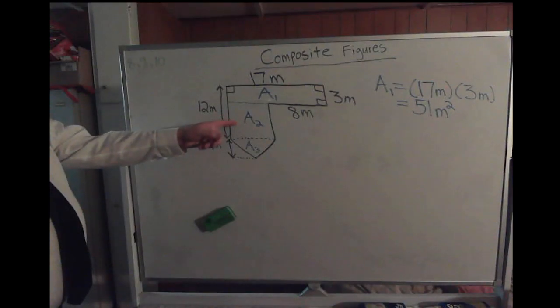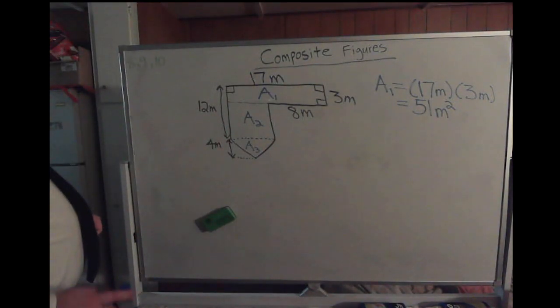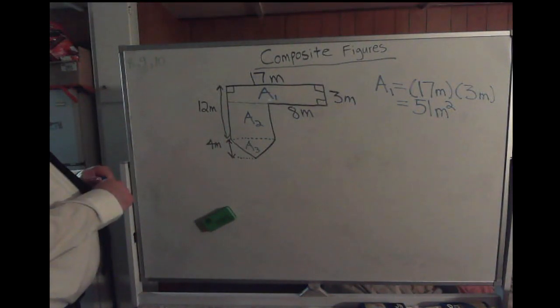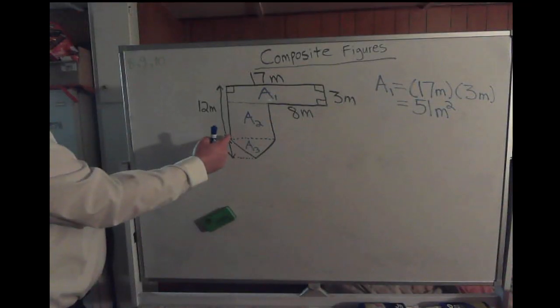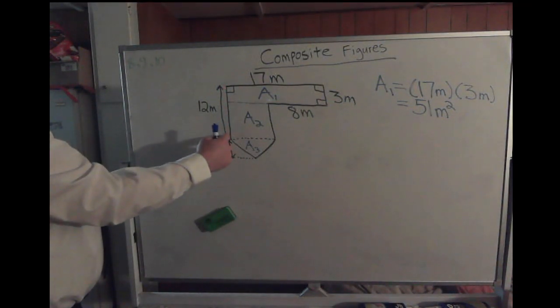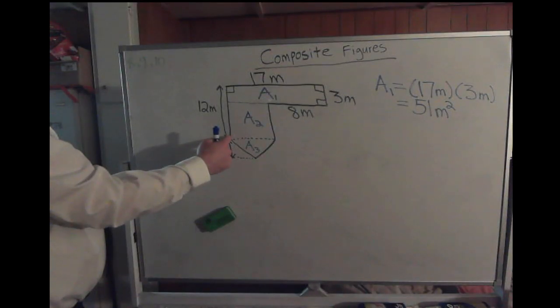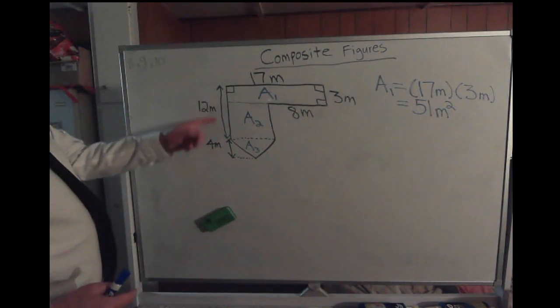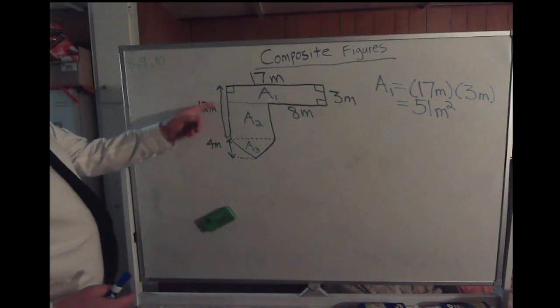Alright, let's look at area 2. Well, from the top of this rectangle to where the second rectangle ends, where it meets the triangle, it's 12 meters. This length here is 12 meters.